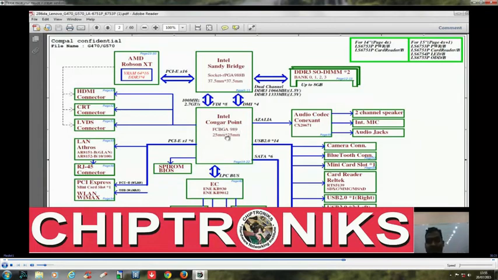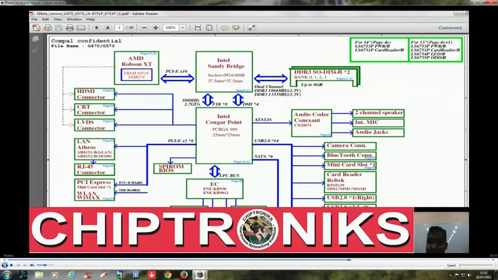So one important thing we must note here is the memory controller has moved inside this CPU, whereas the display controller is inside PCH, right? And one more important point to note is the graphic chip. This is discrete, right? This notebook motherboard has a graphic chip, and this graphic chip is connected directly with the processor.